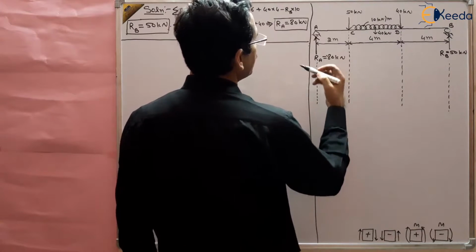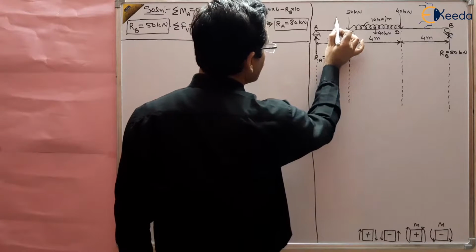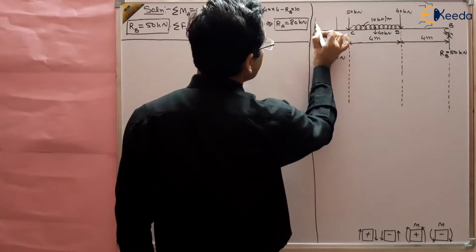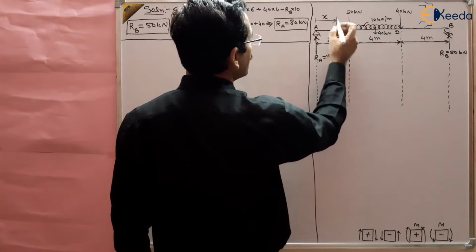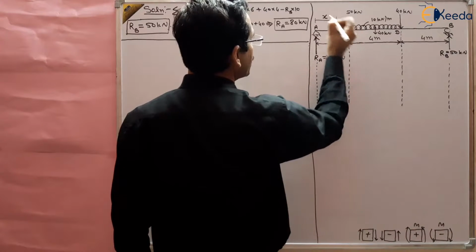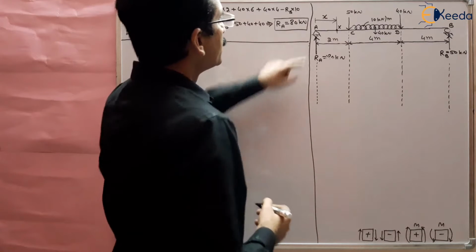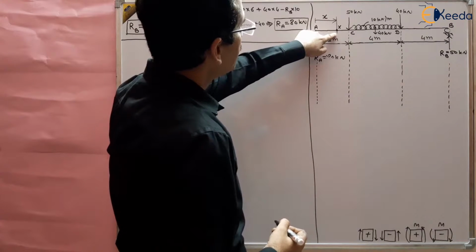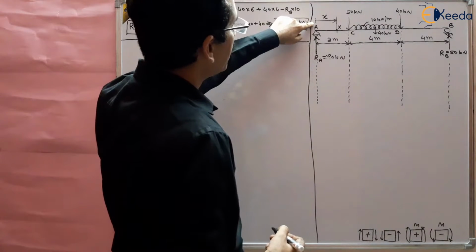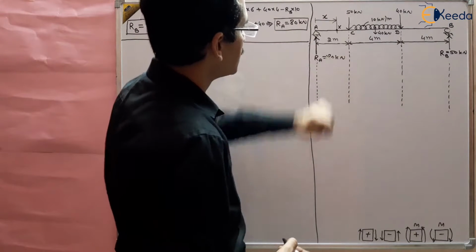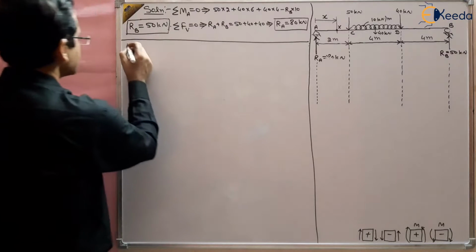So let us take the first section at a distance x from the free end, one end of the simply supported beam, between A and C. So what is the force Fx?